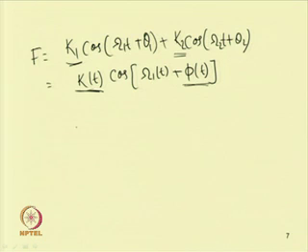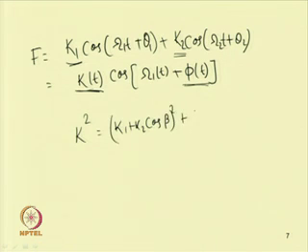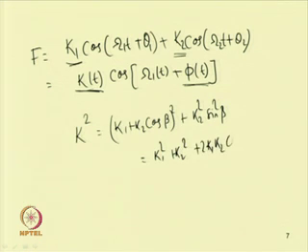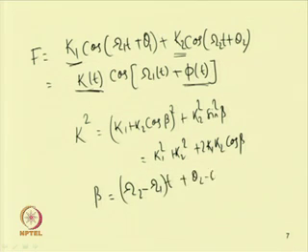Combining these, we can write k square equal to k1 plus k2 cos beta whole square plus k2 square sin square beta. So this is equal to k1 square plus k2 square plus 2 k1 k2 cos beta, where beta equals omega 2 minus omega 1 times t plus theta 2 minus theta 1.